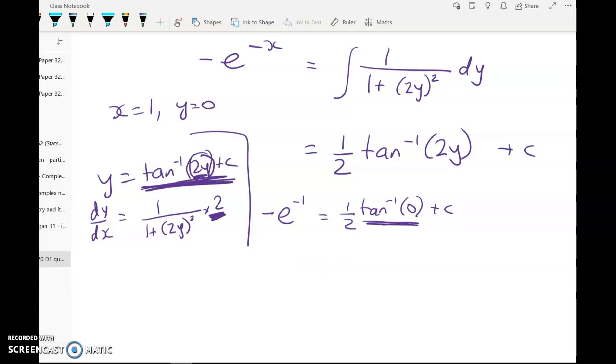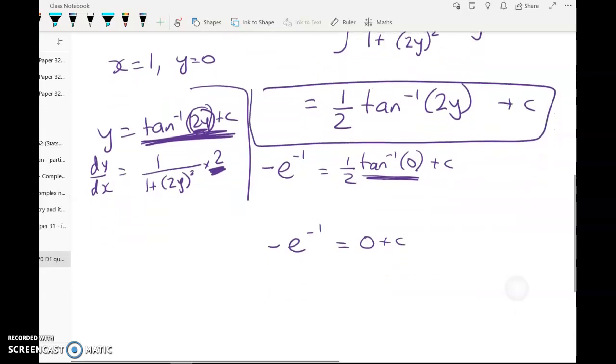It is simpler than that. It's just negative e to the negative 1 is equal to 0 plus c. Right, so where does that leave us? Well, back here, we've got negative e to the negative x is equal to 1/2 tan inverse of 2y minus e to the negative 1.